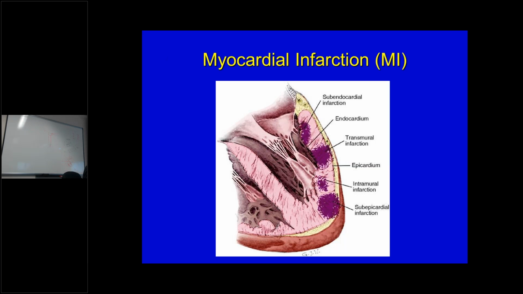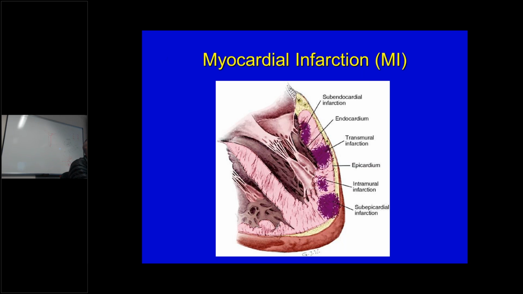Meaning first to die. Endocardium. How many people think epicardium is the first to die? So the first to die would be the most distal from the blood supply. So it's endo. So endocardium gets hit first.